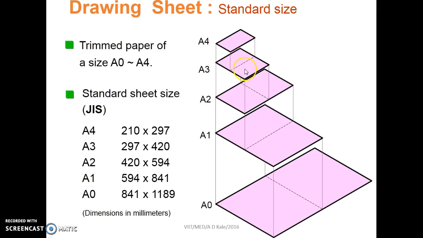Whereas in the theory lectures, the student must carry an A3 size drawing sheet notebook, so that during the theory lectures also we can solve the problems to scale by using the A3 drawing sheet notebook.